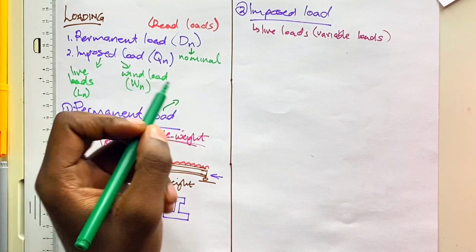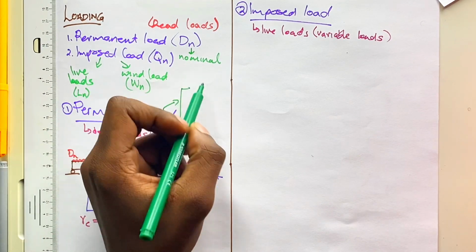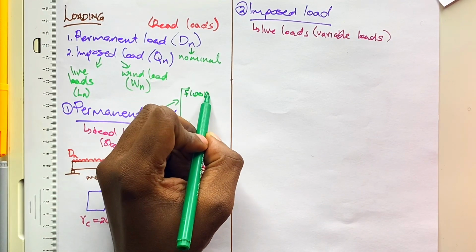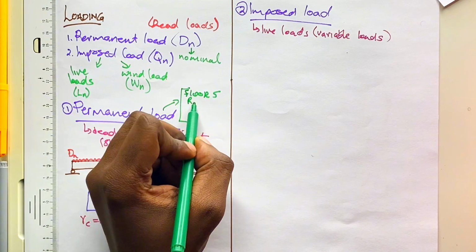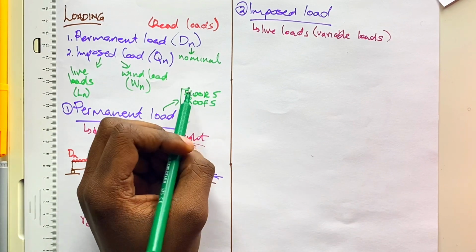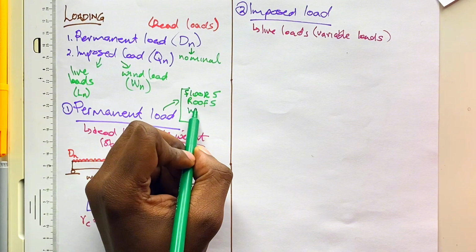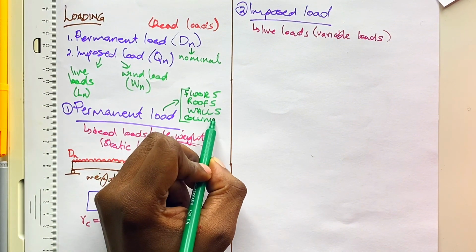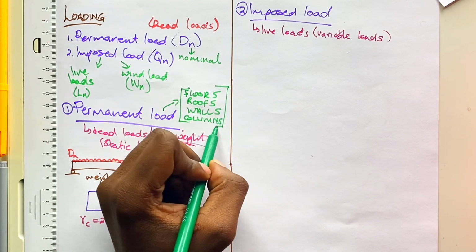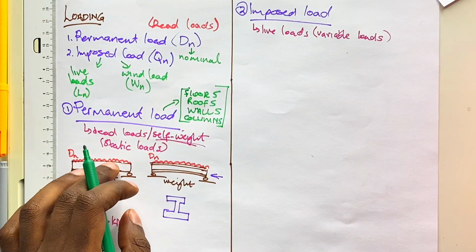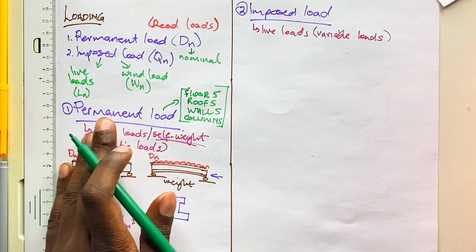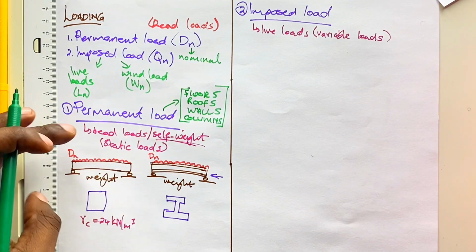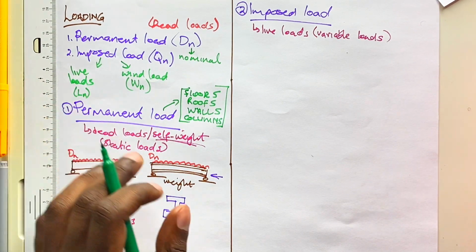Now, with permanent load, we spoke about permanent structures like floors, roofs, walls and columns that all contribute to the dead loads, and many other things like wall cladding and floor coverings that all contribute to the permanent load.